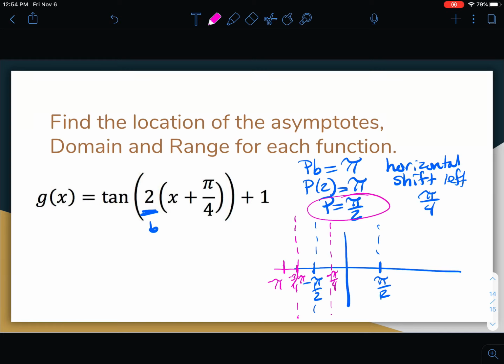It's a total of 1/2 pi. Total of 1/2 pi. Okay. So we can see what's going to happen here is we're going to have another one here at pi over 4.